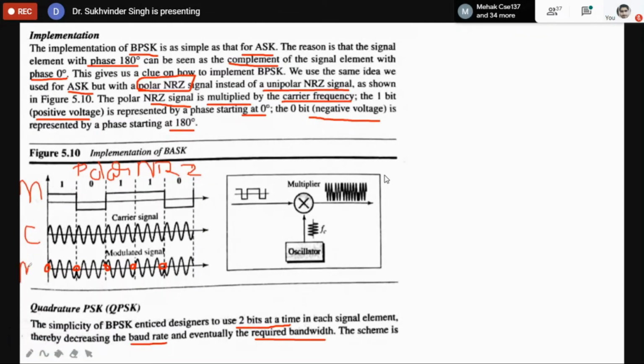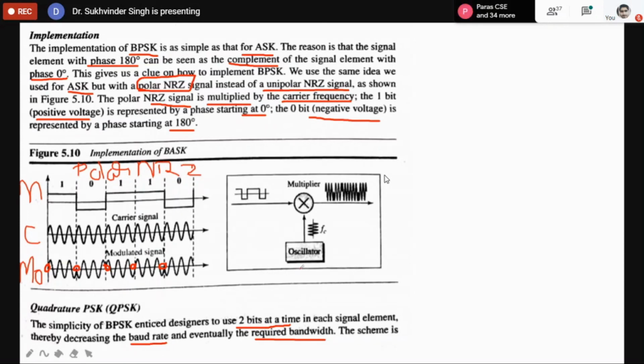When the modulating signal is superimposed upon the carrier, we obtain a modulated wave, and the modulated wave has phase changes whenever a data element changes from 1 to 0 and 0 to 1. One data element has a 180-degree phase shift, and the 0 data element has 0 phase shift. That is, it starts from 0, and the 1 data element starts from the opposite, 180 degrees.